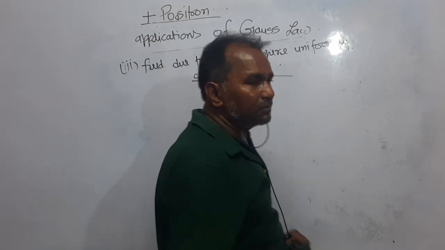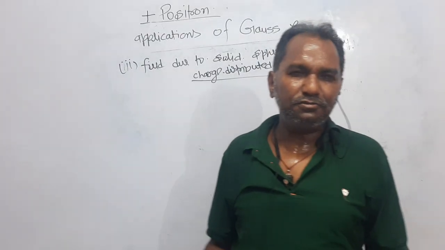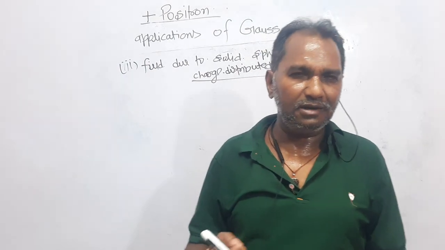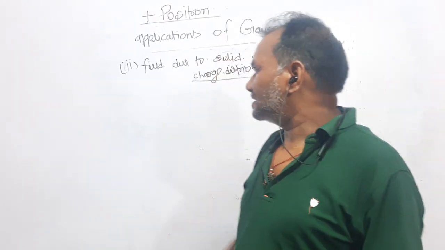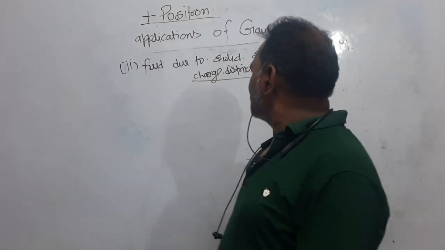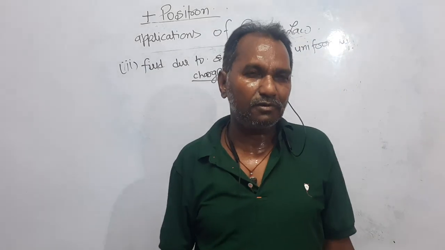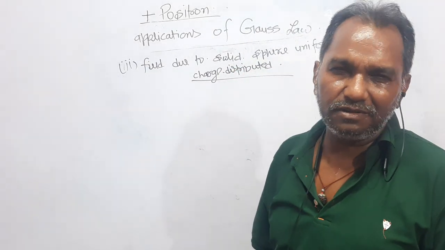Dear students, in my last video, using the Gauss law, we found the field due to a spherical shell. Now we have to find the field due to a solid sphere on which the charge is distributed uniformly.